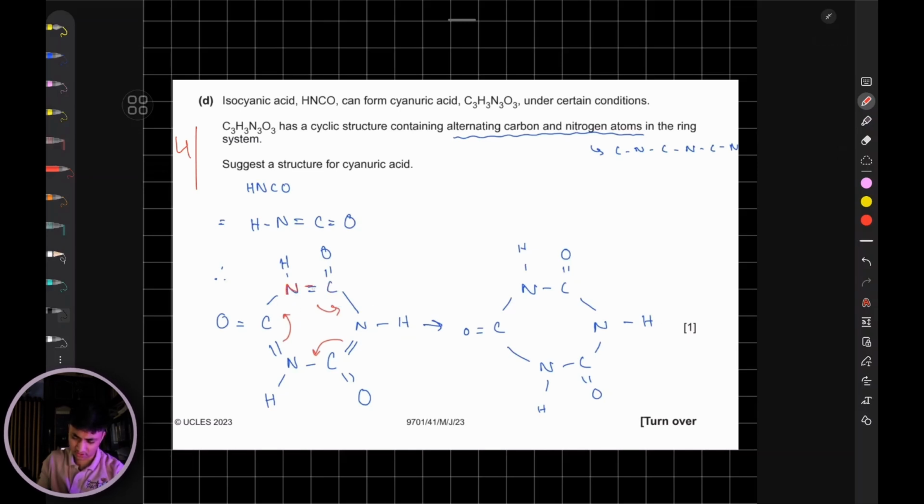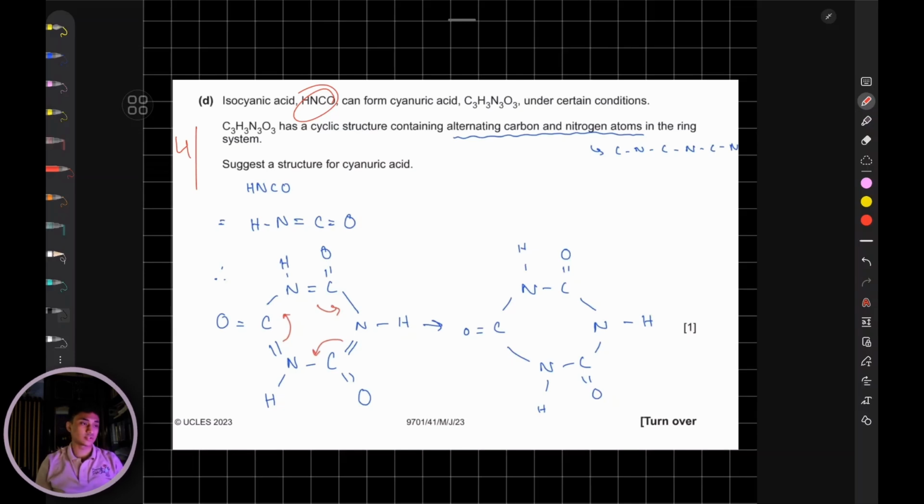It is nitrogen, carbon, double bond, carbon, nitrogen, double bond, carbon, nitrogen, double bond. Now, how do I know they have double bonds, by the way? Because you cannot make this structure without having a CN double bond and a carbon-oxygen double bond, right? So you know that there's going to be a double bond between the carbon and nitrogen and between the oxygen and carbon.